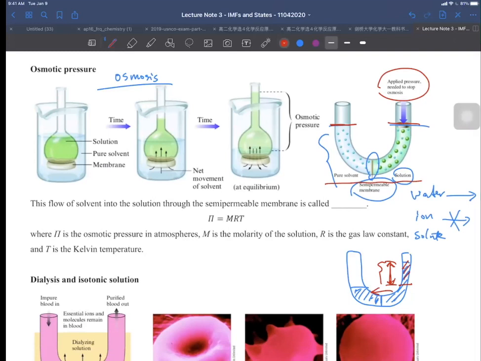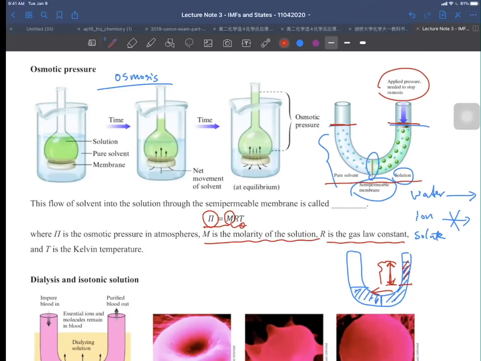There is an equation related to the osmotic pressure. We use uppercase pi to represent the osmotic pressure. It really doesn't matter which letter you use to represent the parameter, but this is the general idea. It's related to the molarity, to R, the ideal gas law constant, and to the temperature.